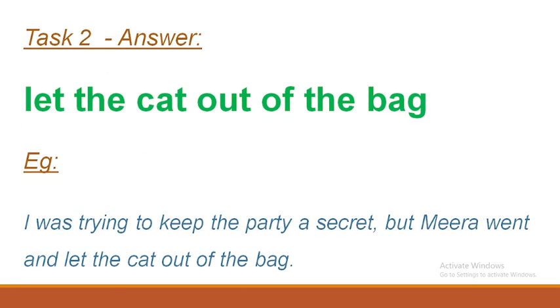Okay, now look at the meaning. Let the cat out of the bag. For example, I was trying to keep the party a secret, but Mira went and let the cat out of the bag.